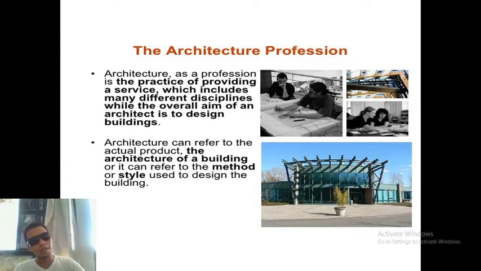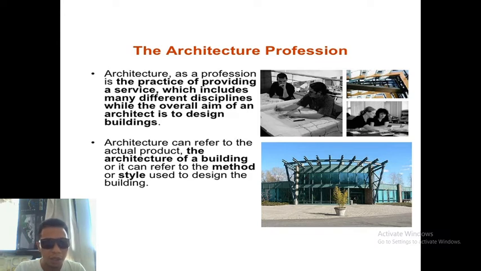So when you talk about architecture, it can be the product. Wow, that's a very good architecture. You visit places, like in some other countries, such as Singapore or in Europe, and see for yourself their architecture and have a first-hand experience of what they have.